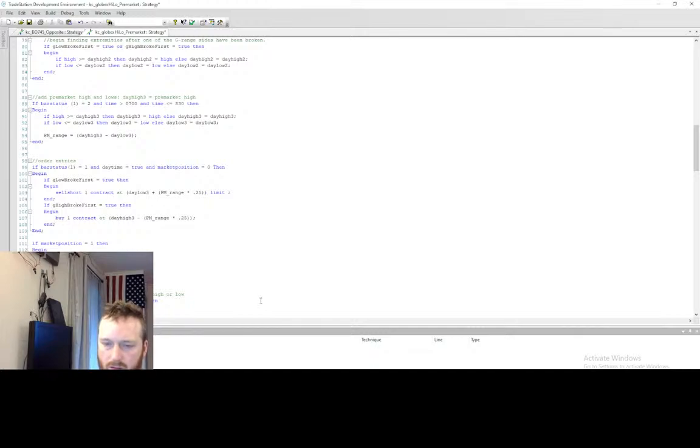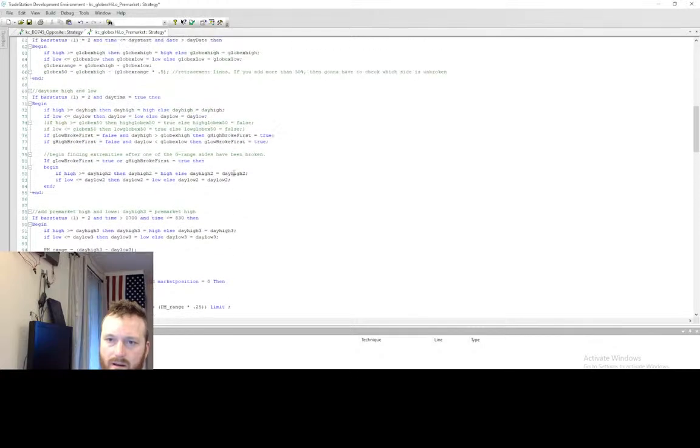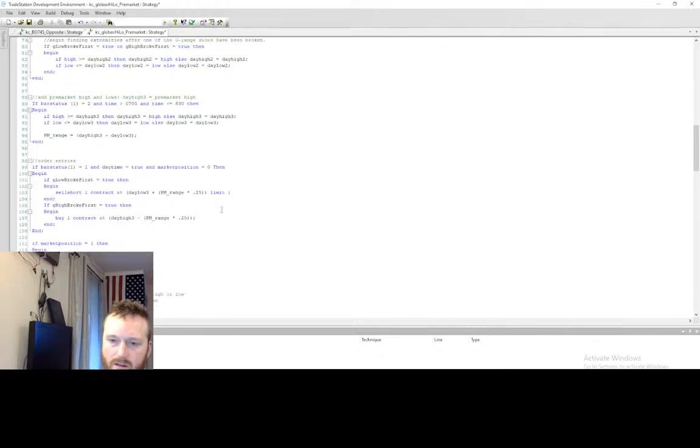Sell one contract at Globex low. What does that mean? Day low, G low. Globex low. Literally Globex low. Sell one contract, Globex low. Sell at limit. Stop.